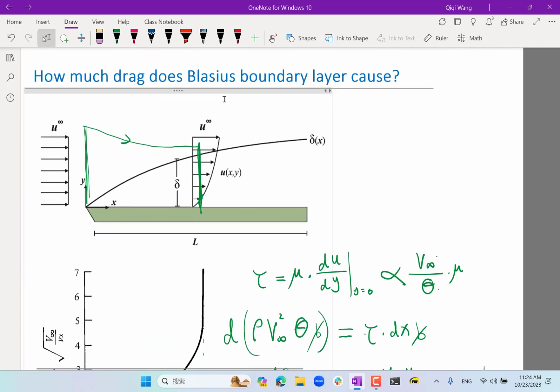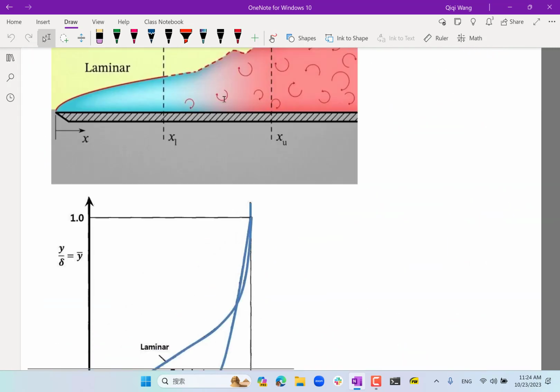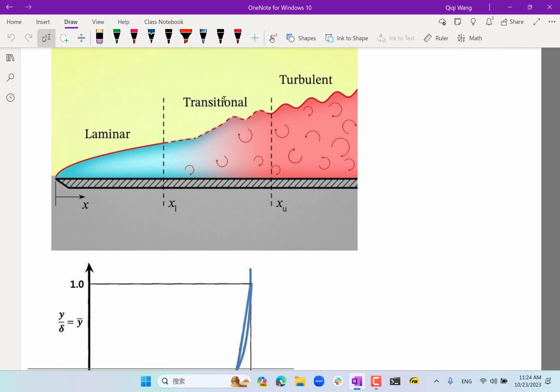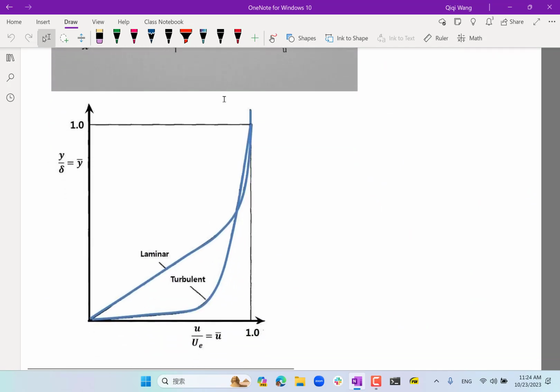Okay, so this is for the laminar boundary layer. For the turbulent boundary layer, the relation is a little bit different. We have a laminar boundary layer that transitions into turbulent. The turbulent boundary layer again has a much higher gradient near the wall, and exactly how much higher depends on the Reynolds number.